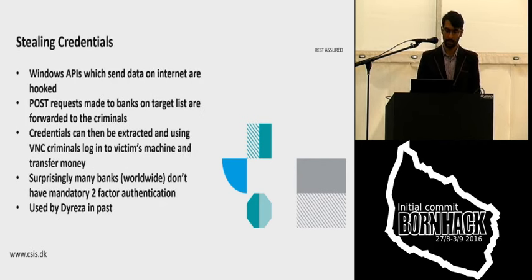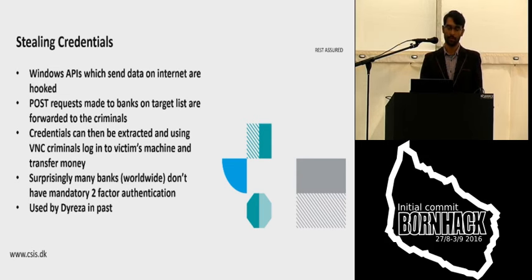I should mention here that once the credentials are stolen, they don't usually log in to the bank from their own machine, because that would flag their IP. Banks monitor their users and have their IPs logged. So if you log in from a different IP suddenly, like for example, I live in Denmark and I have a bank account here, if my account suddenly gets logged in from Cuba, most likely the bank will block it.